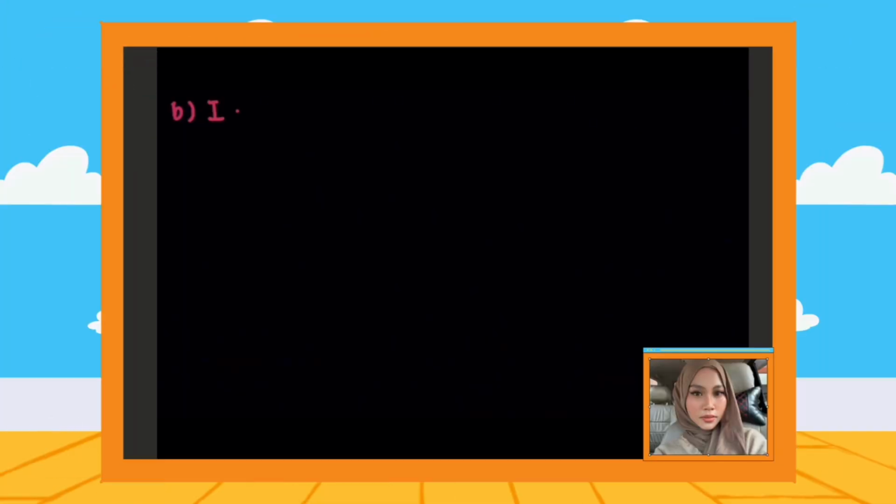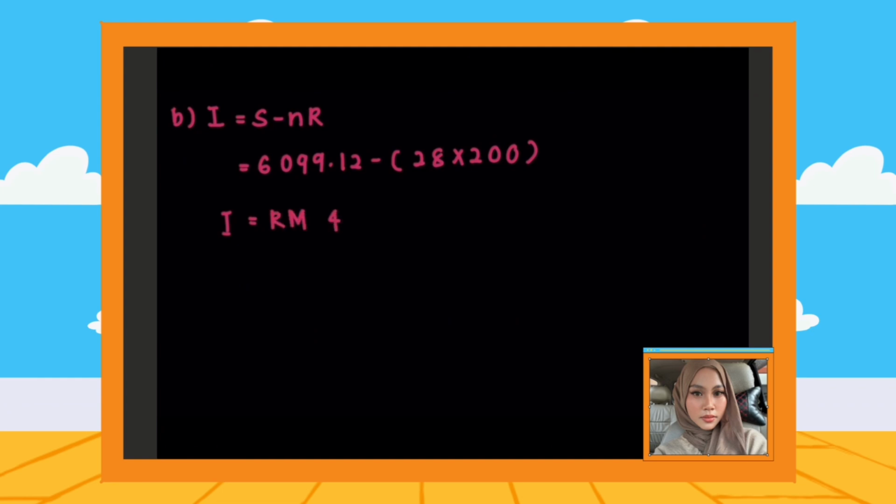For question 1B, I'll be using the formula I equals S minus NR. So we'll be taking the previous S, 6,099 ringgit 12 cents, minus bracket 28 times 200, close the bracket. And after we calculate it, the total of I is RM 499 ringgit 12 cents.